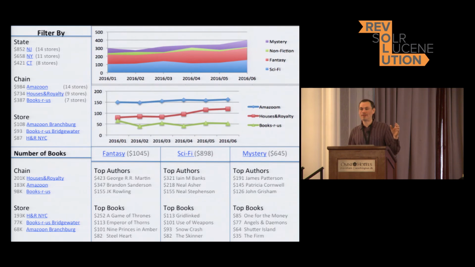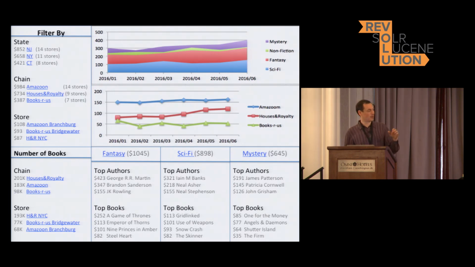The top graph is showing revenue over time broken out by genre. This company has multiple bookstore chains, and the graph below has that revenue broken out over time by the bookstore chain.